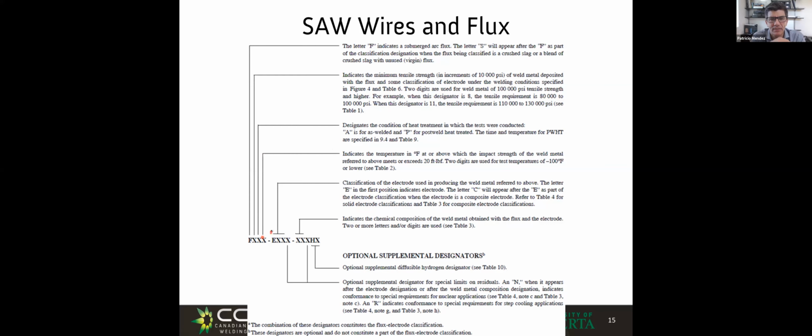I'm doing all this in the imperial units. That is what they use in the US. Although in Canada, all our standard Canadian standards are in metric. But this is what happens. We can write our standards in metric, but when you go to the shop to buy 7018 rod, you say, please give me a 7018 rod. You don't say, give me a 4318 rod. That would be the metric equivalent.